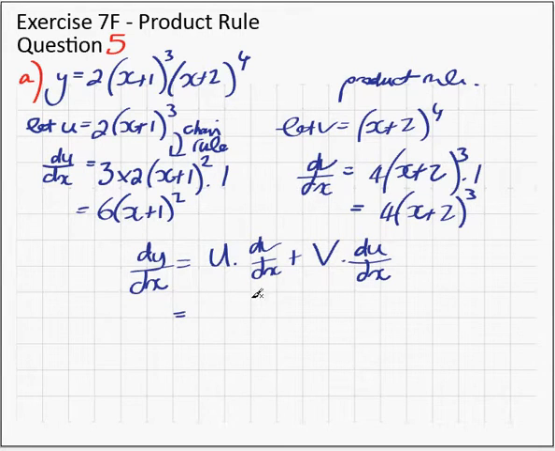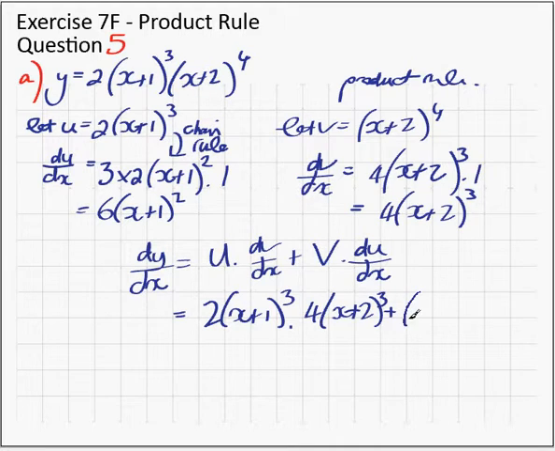Okay, let's see what this looks like. First term, derivative of the second, plus the second term, times the derivative of the first. There'll be a couple of sets of common factors here.